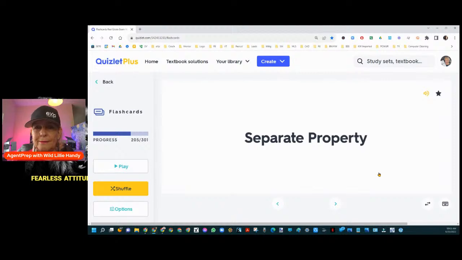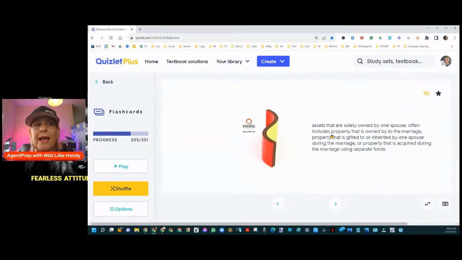Separate property. Assets that are solely owned by one spouse. This often includes property that is owned before the marriage, property that is gifted to or inherited by one spouse during the marriage, or property that is acquired during the marriage using separate funds. So when two individuals get married and one owns property prior to the marriage, that is solely owned by them.